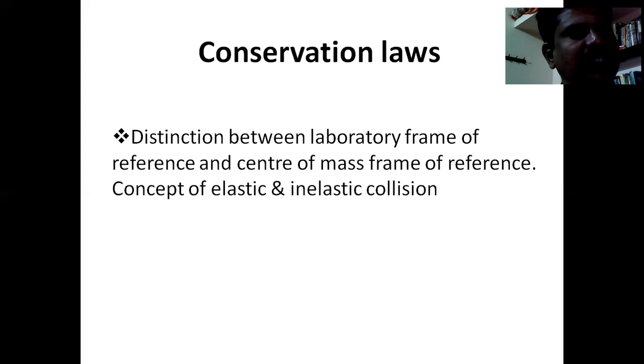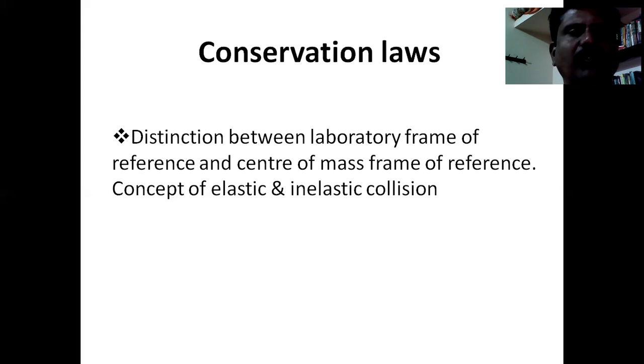Such a coordinate system is called a frame of reference. In general, a system of coordinates in space which defines the position of a particle or object is called a frame of reference.